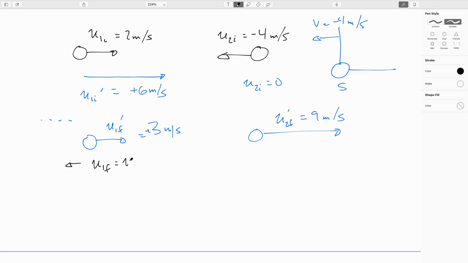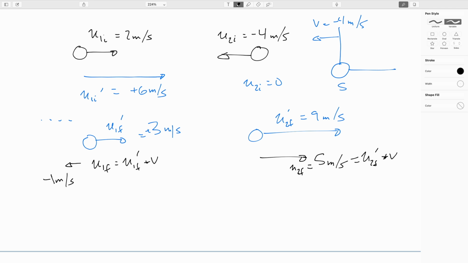U1 final would be equal to U1 final prime plus V. So that would be to the left at minus 1 meter per second after we add a negative 4. And we could do the same exercise here, and they would conclude that this was going to the right at 5 meters per second. This would be U2F prime plus V again.